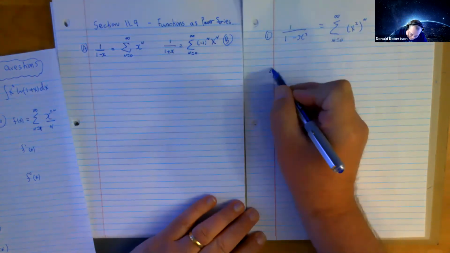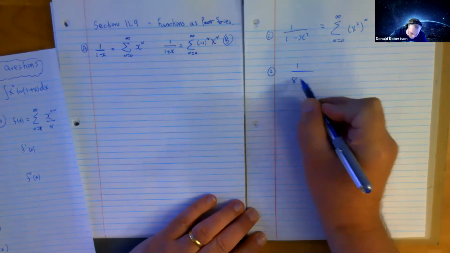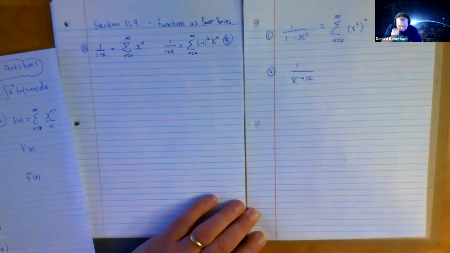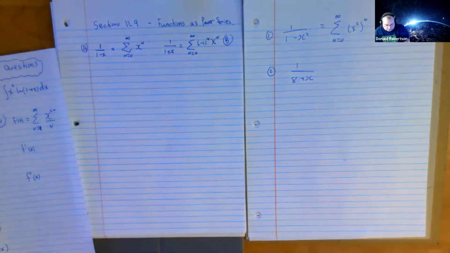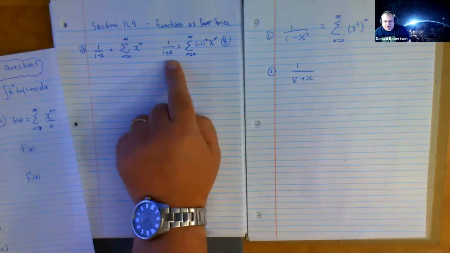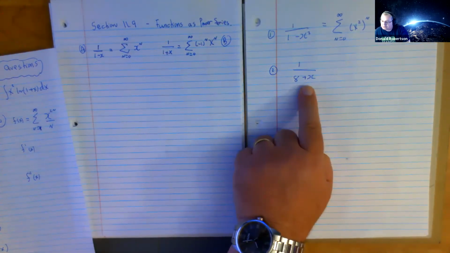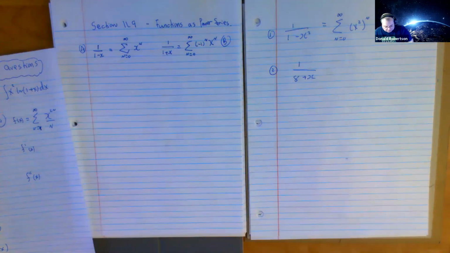Okay, second guy. Well, it could be A, could be B. Would you agree it's closer to being B because of the plus? Problem with this guy, I can't do substitution yet.